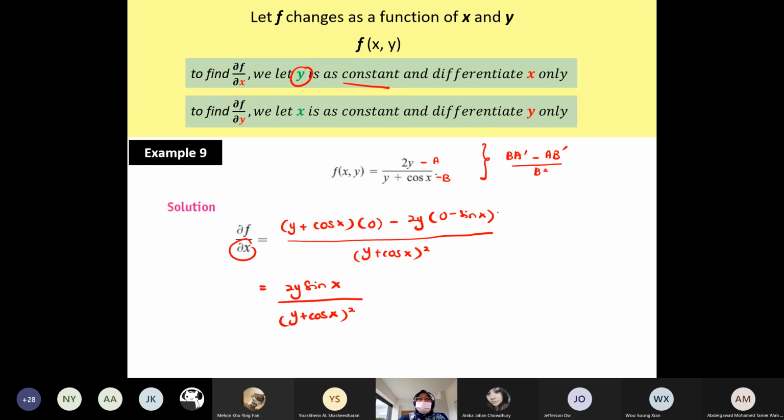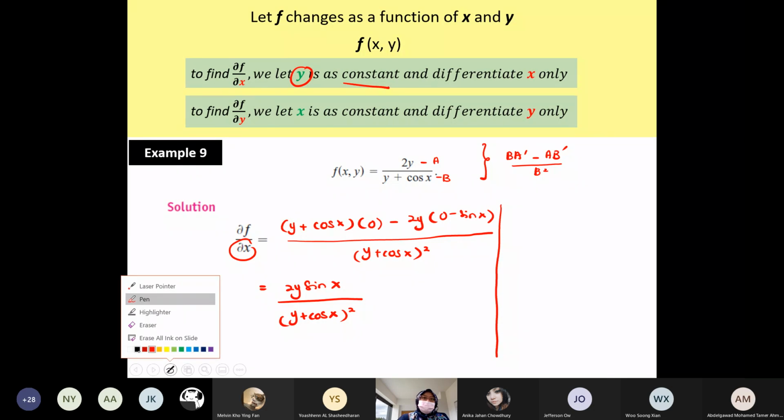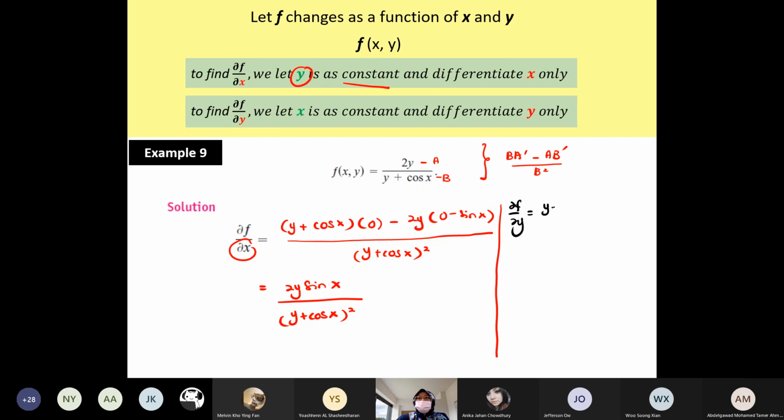Now you want to find df over dy. So you have y plus cosine x, differentiate A with respect to y, so you have 2, minus A, which is 2y, differentiate B with respect to y.